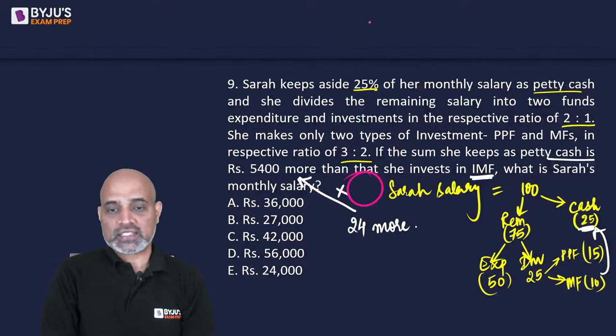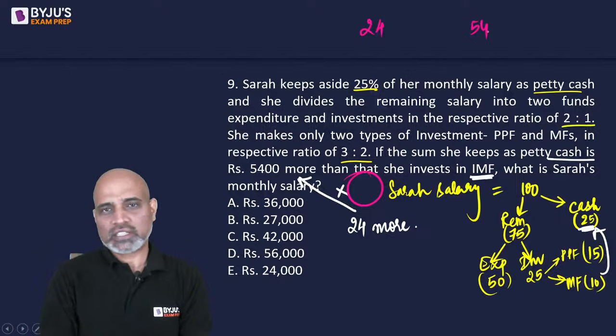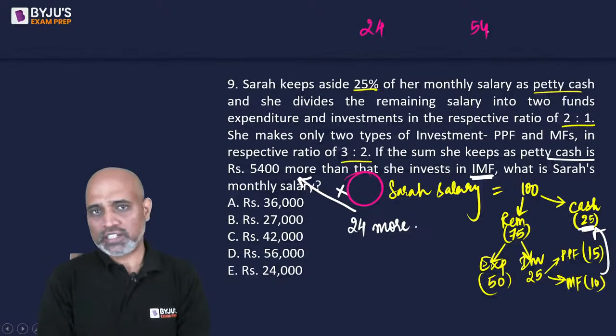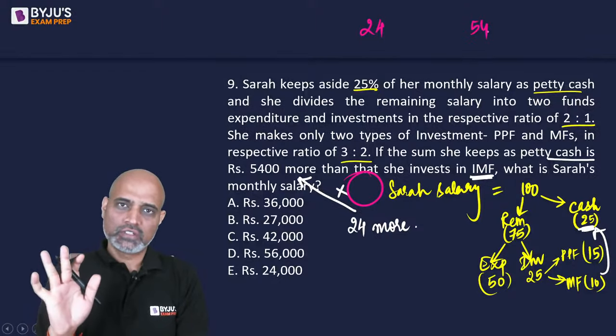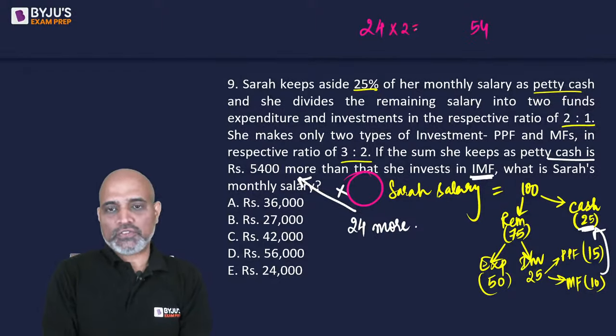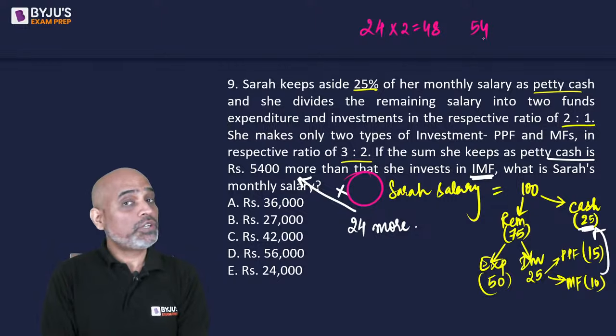Not 30. देखो गाइस, आपको 5400 पहुंचना है. मैं बता रहा हूं, किसी भी नंबर के लास्ट में 00 कंसर्न नहीं होता. 00 आप बाद में लगा देना, आप ये इग्नोर करो. So 24 का डबल तो 48 होता है. I need to reach to 54.